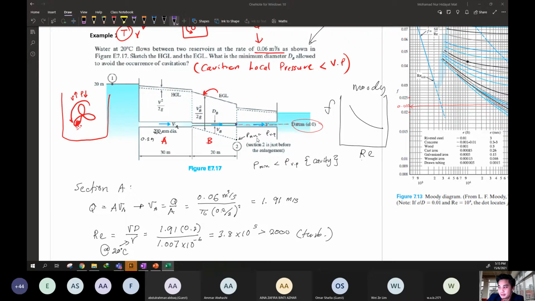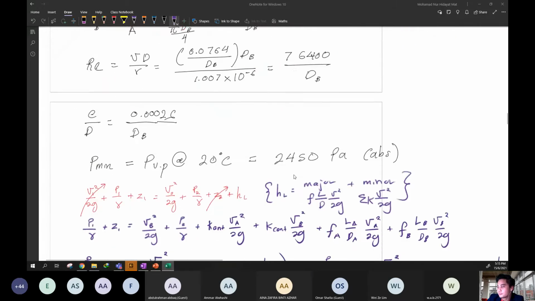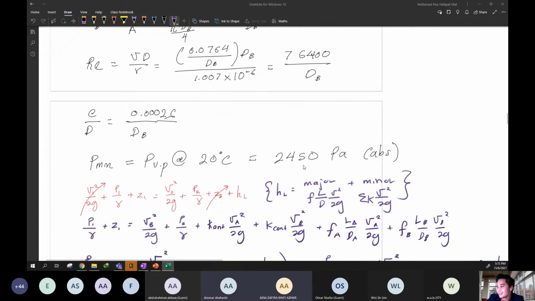It is P minimum that is equal to the vapor pressure. You said 2450, right? I was looking for the P vapor. I said the minimum, but I was looking for the value.